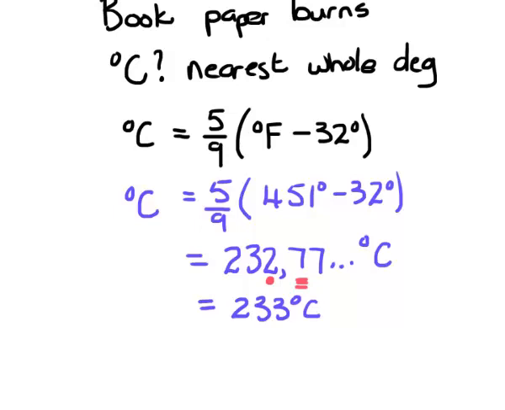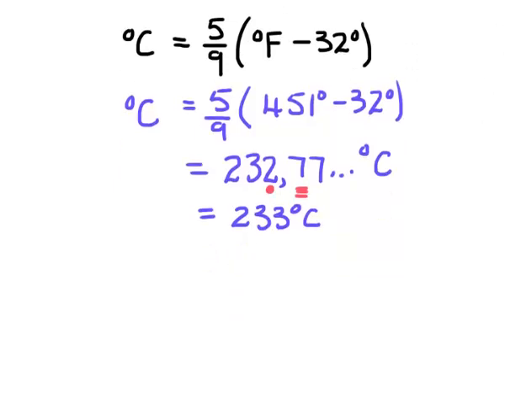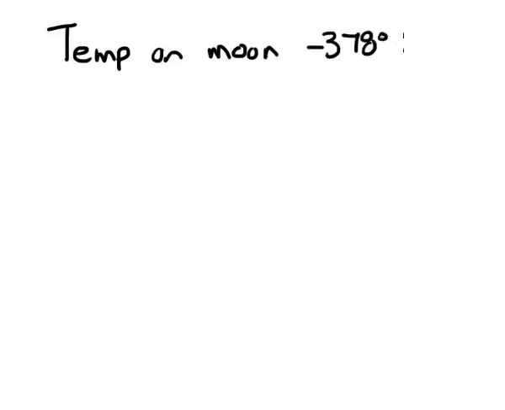Okay, now let's have a look at two examples where you have been given the wrong formula, if I can put it that way, where you're going to have to actually solve the equation. Now the temperature on the moon is approximately negative 378 degrees during their nighttime.